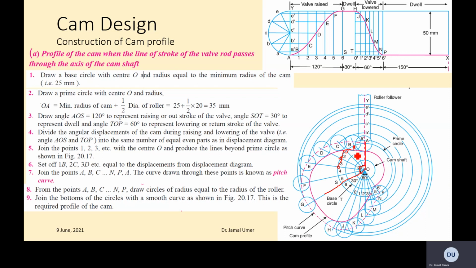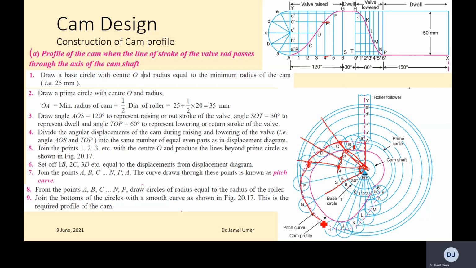Once you have 6 divisions, you connect the lines going away from the prime circle. Then you mark this distance, for example 4E, from the center, and then you connect these points.